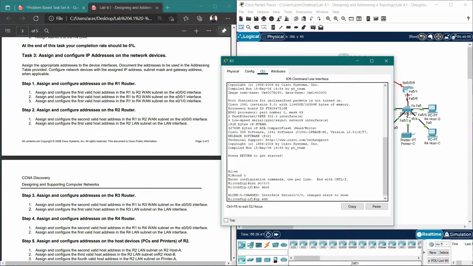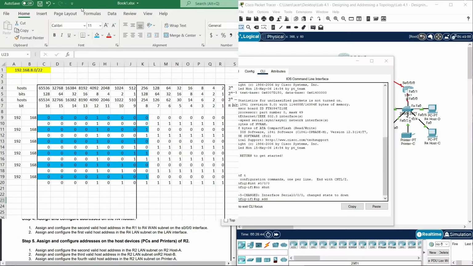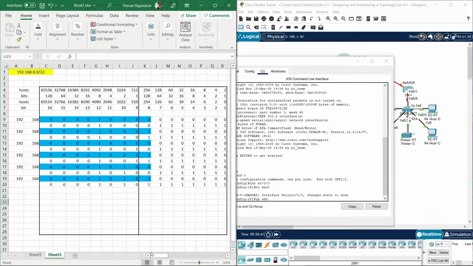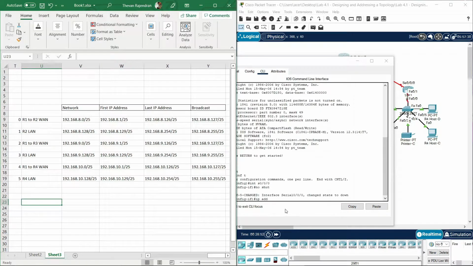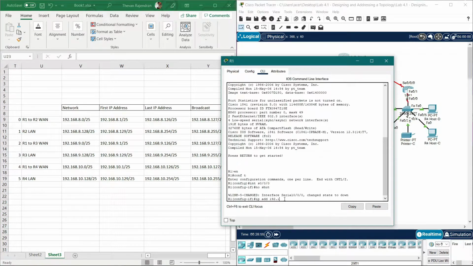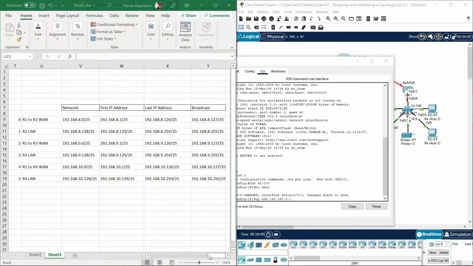IP address 192.168.8.1. So all the networks and subnet masks will be using the same prefix /25. That will be the subnet mask 255.255.255.128, and for the wildcard mask there will be 0.0.0.127.